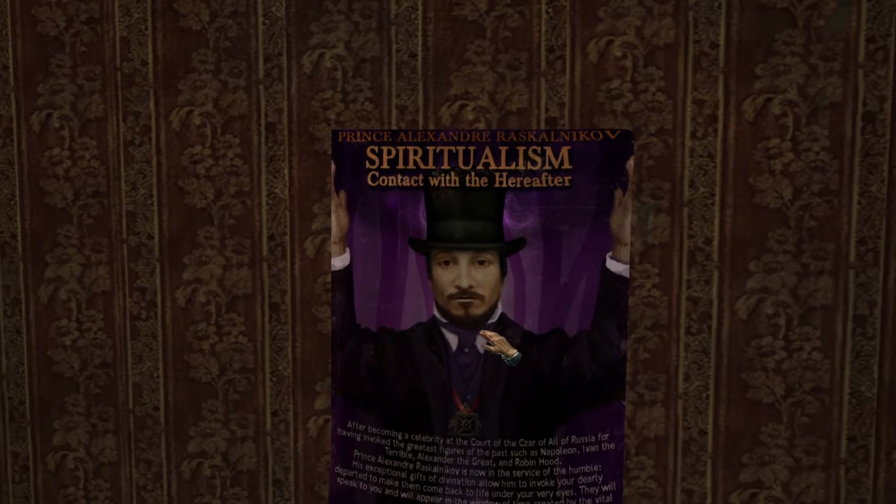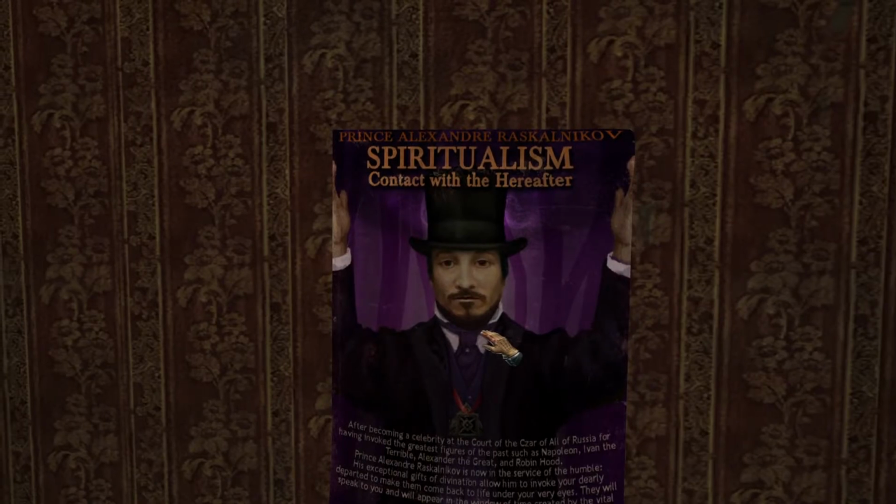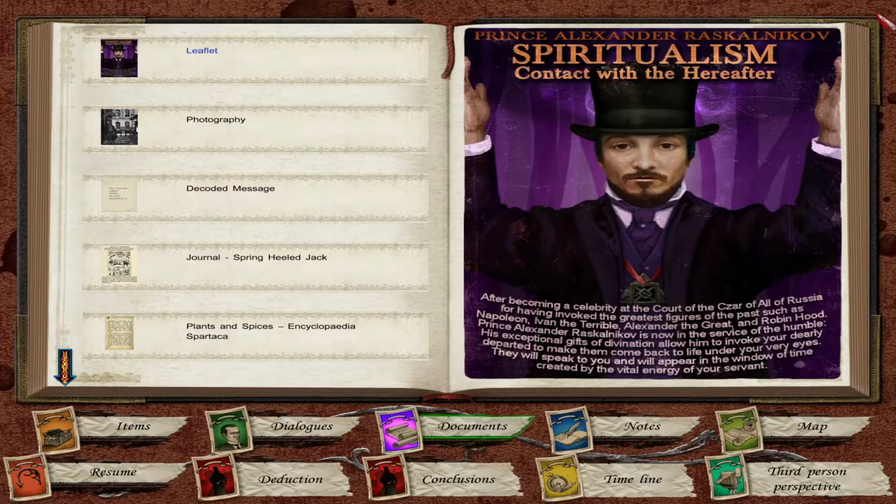Prince Alexander Raskolnikov, spiritualism, contact with the hereafter. After becoming a celebrity at the court of the Tsar of all of Russia, for having invoked the greatest figures of the past such as Napoleon, Ivan the Terrible, Alexander the Great, and Robin Hood.